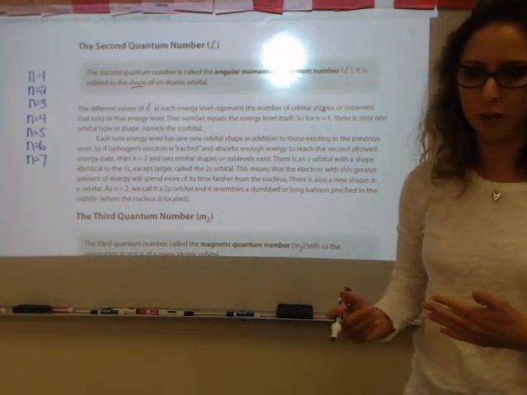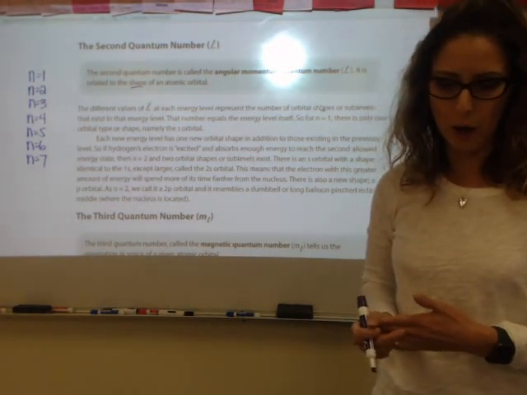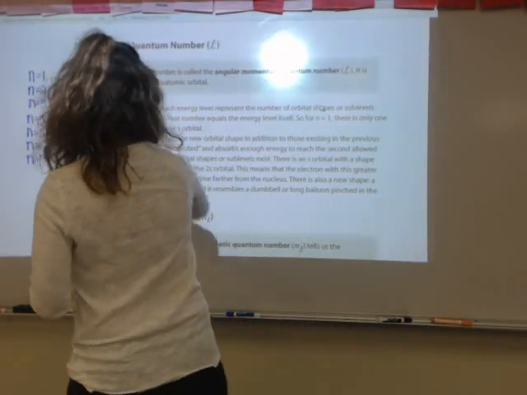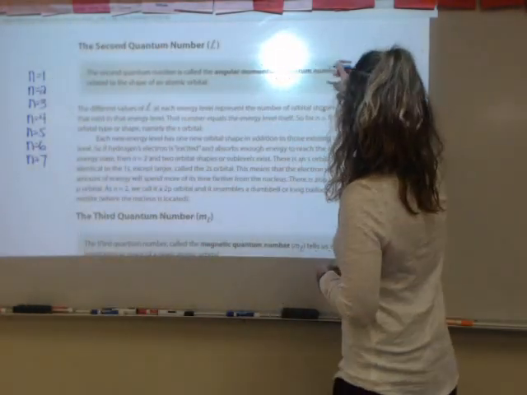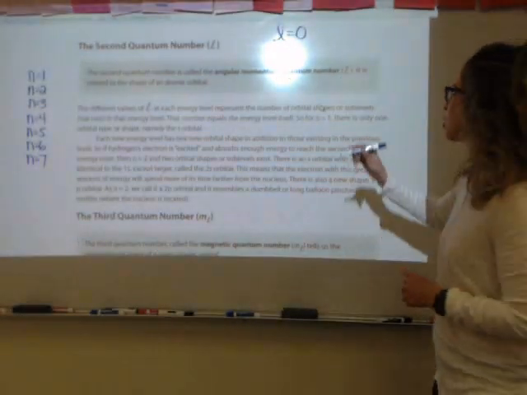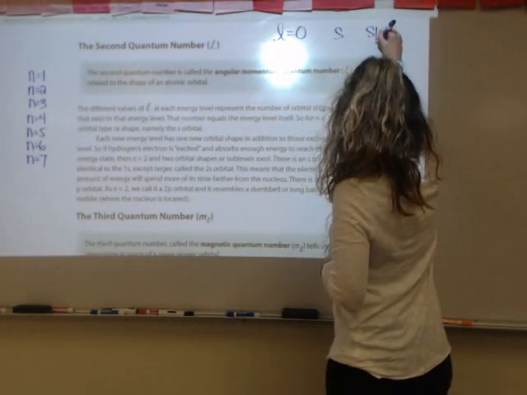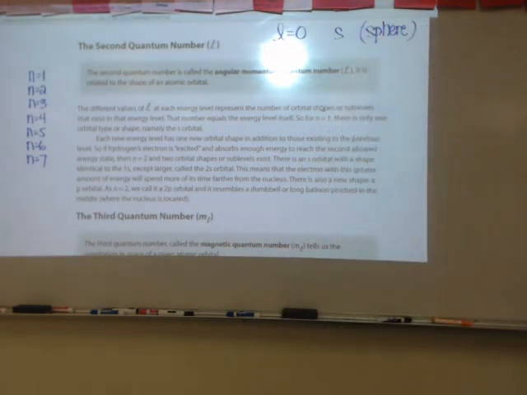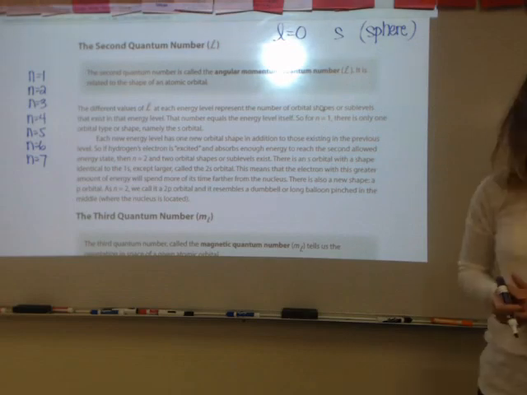The different values for L correspond to whether we are looking at an S, P, D, or F shape. So if you have an L value of 0, that means you're looking at the S, or spherically shaped sublevels that exist in an energy level.